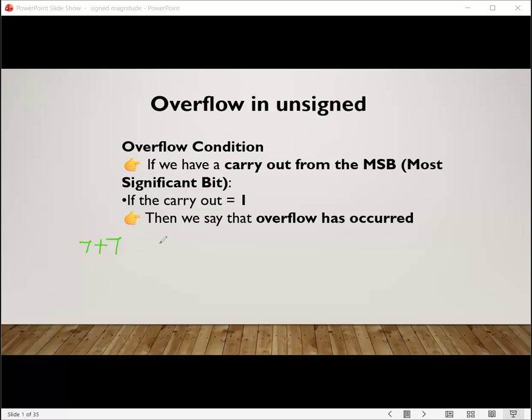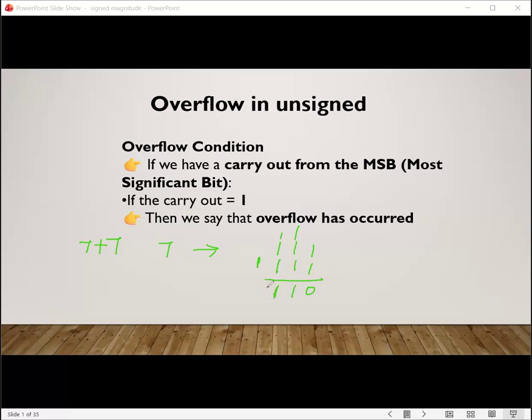How do we represent 7 in binary? 7 is 111. So 7 plus 7 is 111 plus 111. What is the answer? 1 plus 1 is 10, so 1 carry. There is 1 carry here.